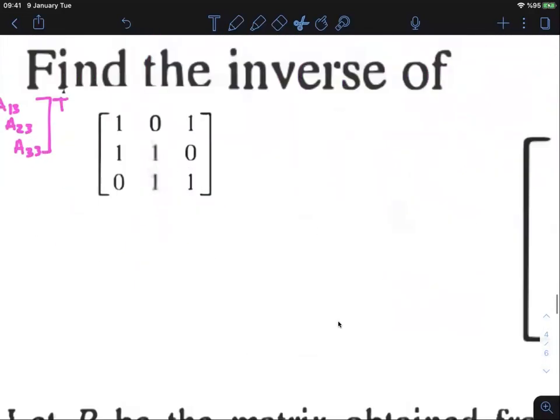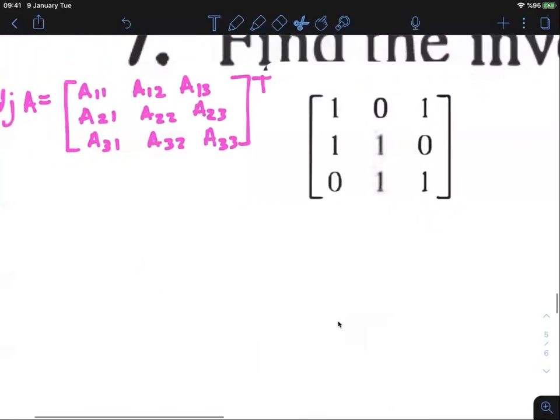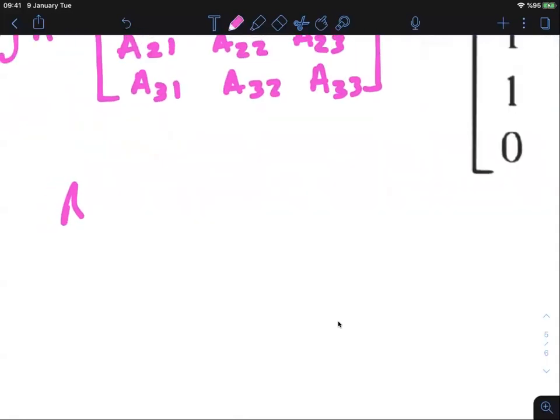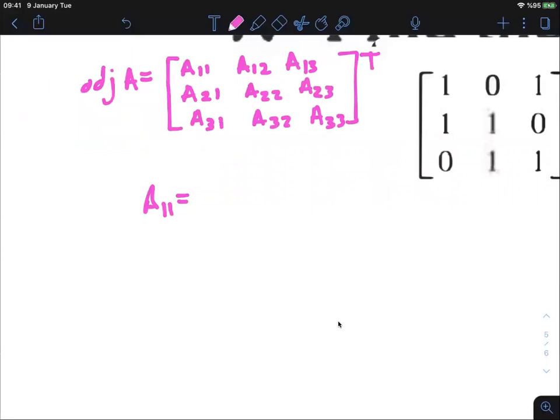Okay, so what is A11? A11 is the first entry, which is 1, times minus 1 to the power 1 plus 1, times the determinant of the matrix obtained by erasing this row and this column.